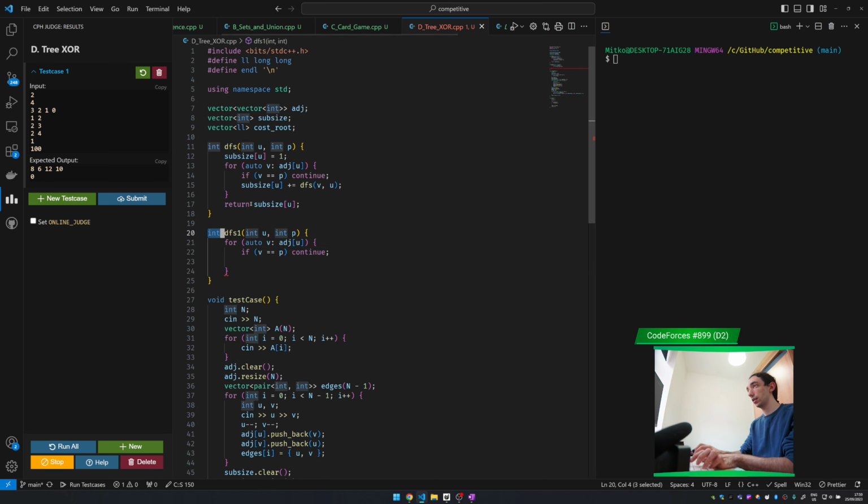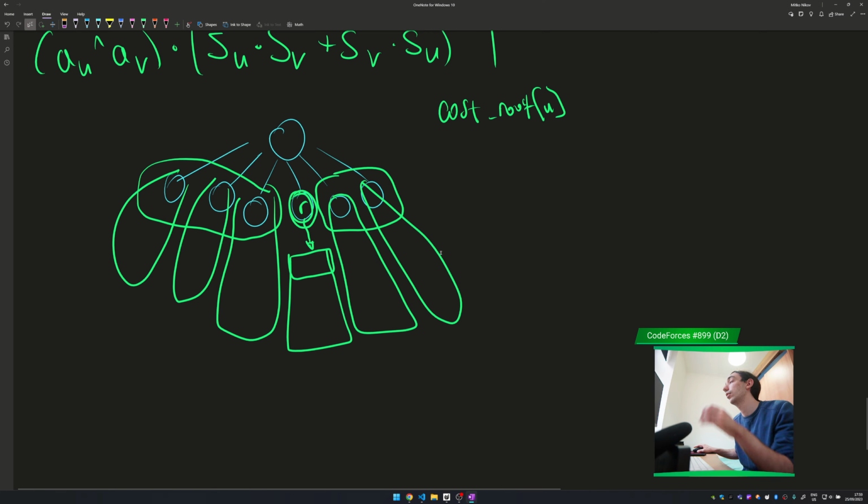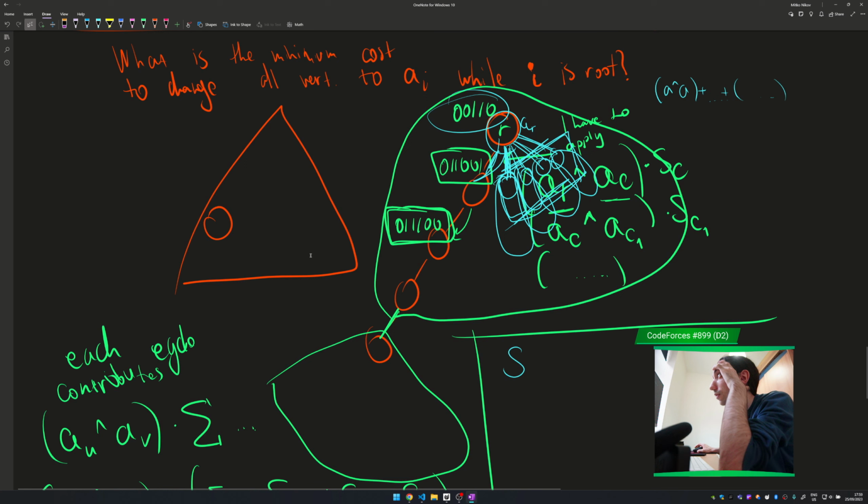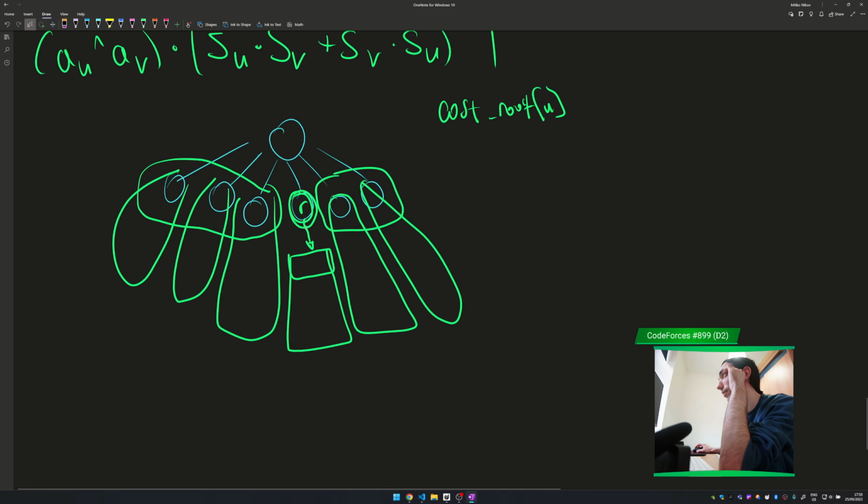So the cost here, okay, how to calculate this cost? Oh, this is not easy at all. Wait, this edge has something here, right? So the cost of all of these to be changed.